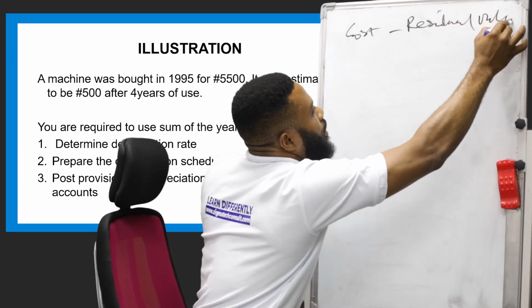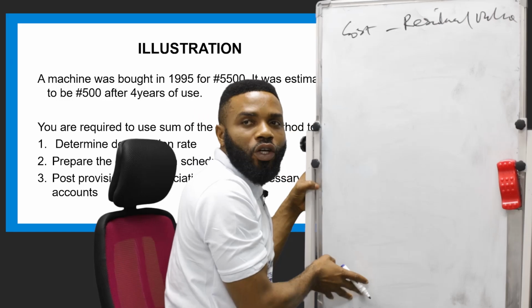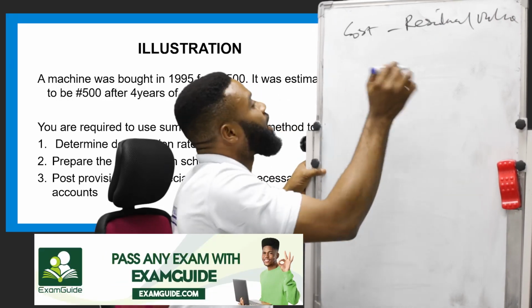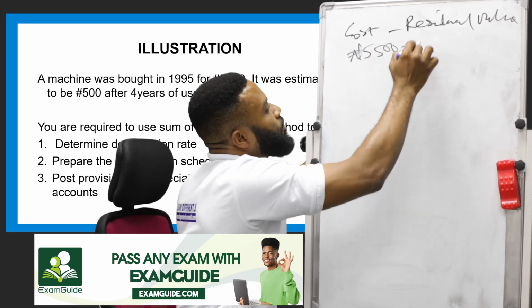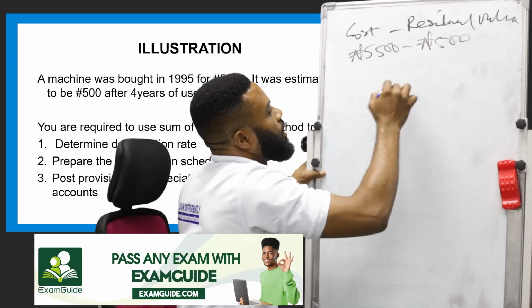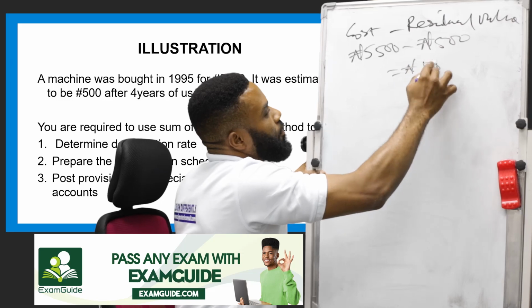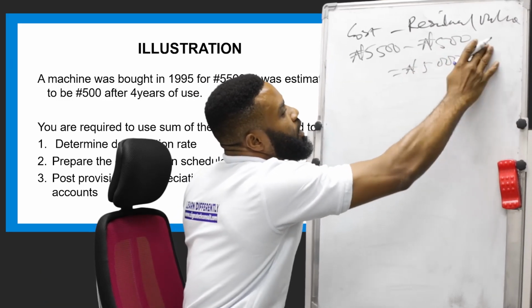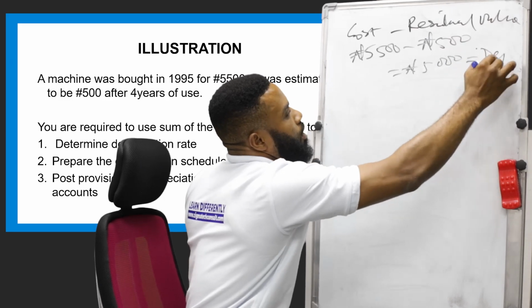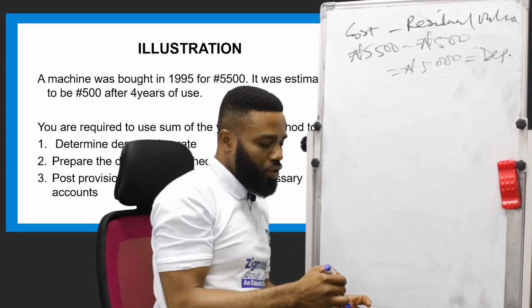So in the question, the cost is 5,500. You have 5,500 minus 500. This will give you 5,000. This is supposed to be the depreciation.